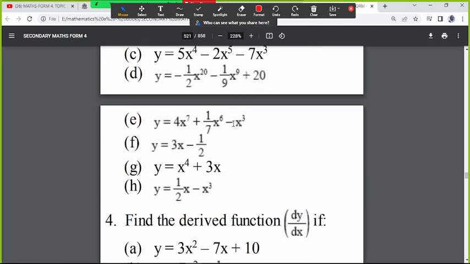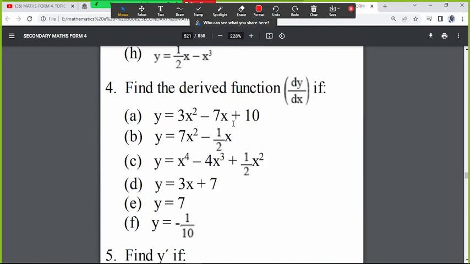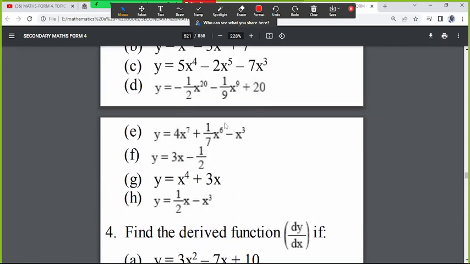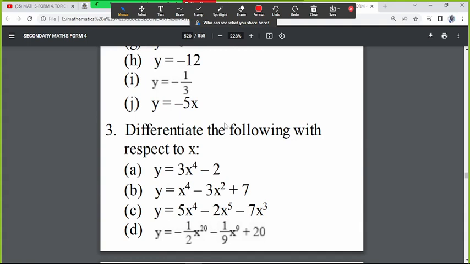I want us to go through this. For example, we are given some statements here that I want you to take note of. Differentiate the following with respect to x. It means on the right hand side we have a variable x.